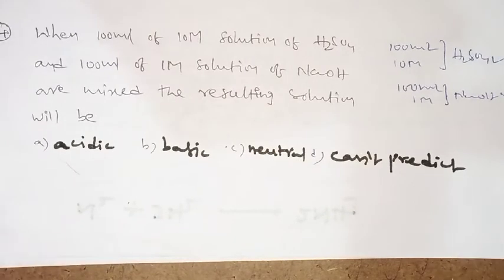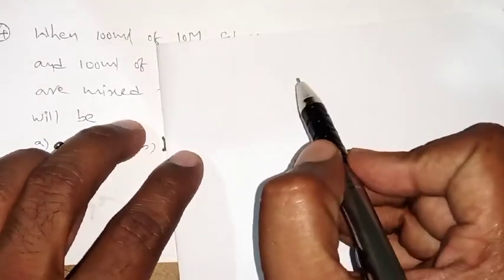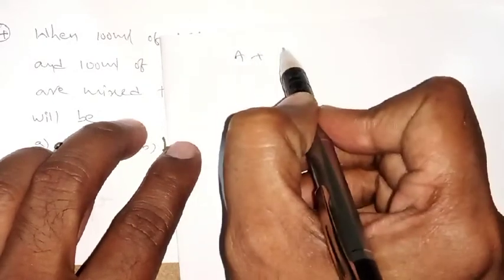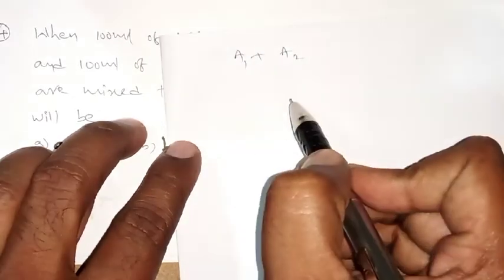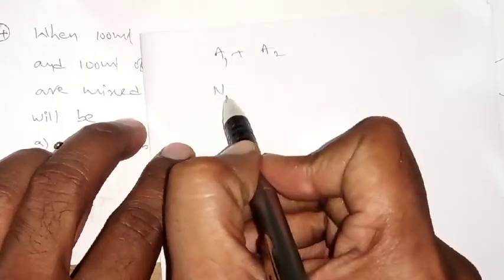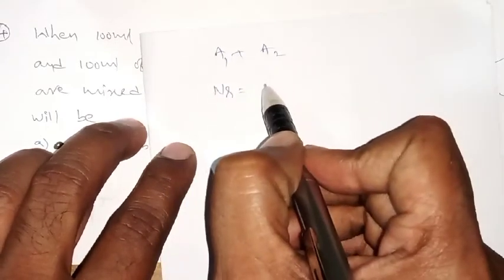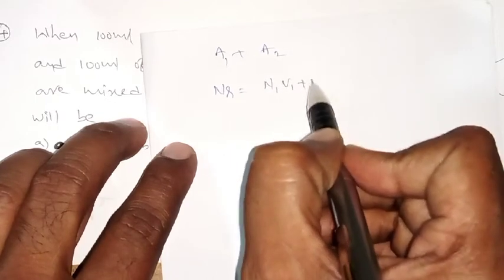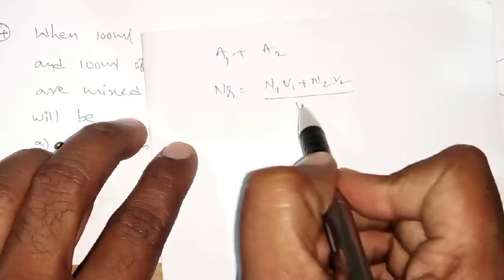Here I shall recollect one small concept. Suppose two acids with different concentrations are added, for example acid A1 plus acid A2. In this context, the resultant normality equals N1 V1 plus N2 V2 by V1 plus V2.